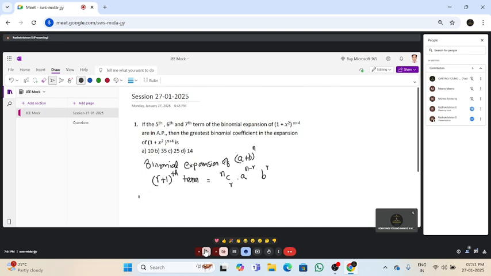So what will be your fifth term? இந்த இடத்துல n வந்து n plus 4 போடணும். Fifth termனா r equal to 4னு போடணும், because r plus 1th termக்கு தான் இந்த formula.